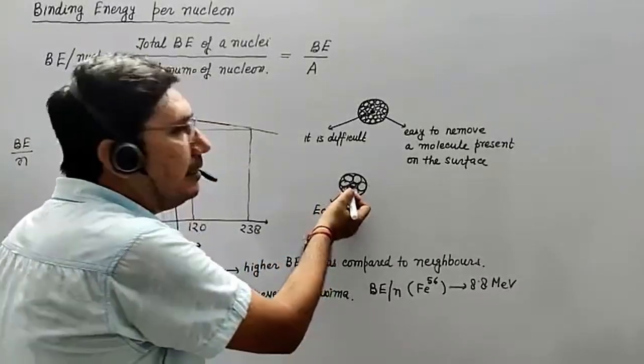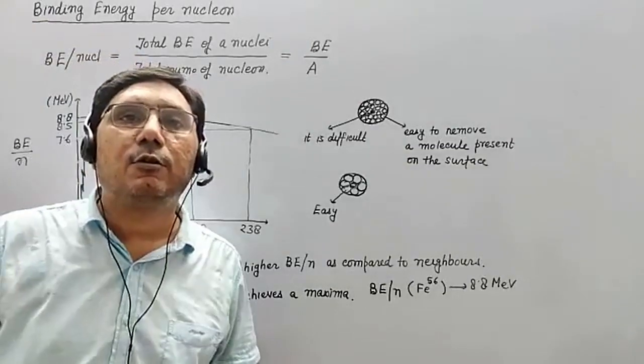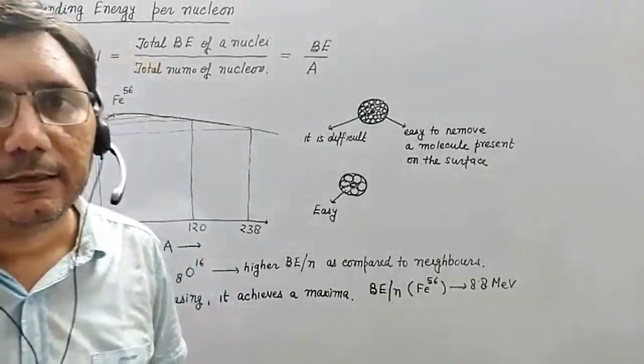For a nucleus in which most of the nucleons are on the surface, the binding energy per nucleon will be very less.